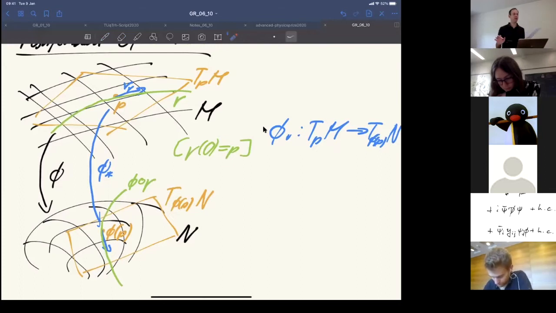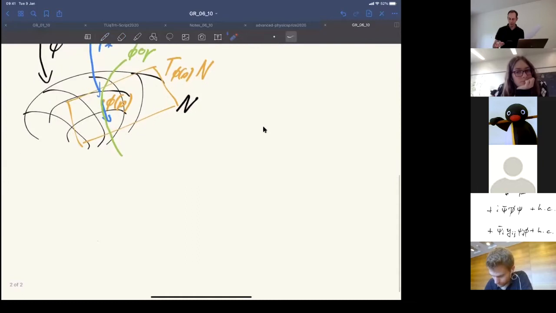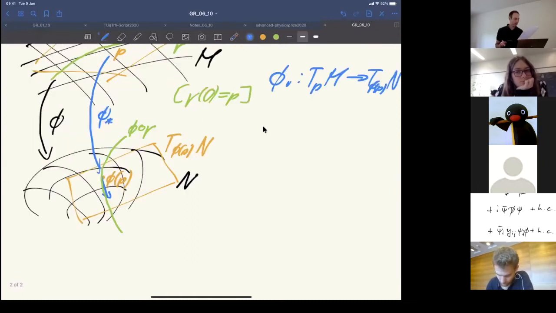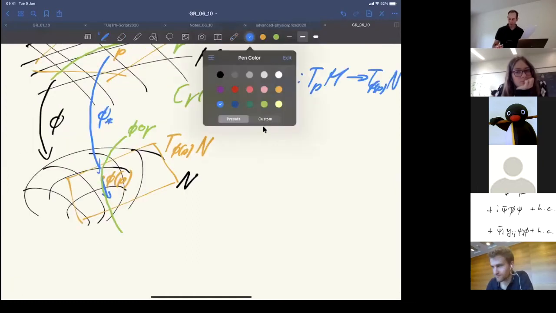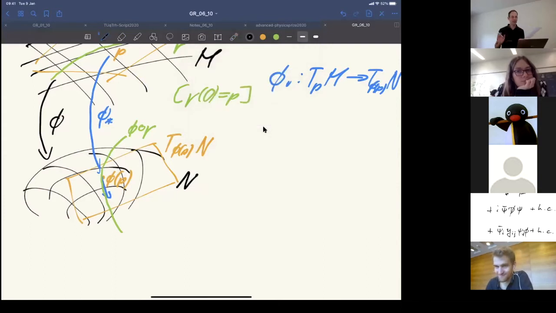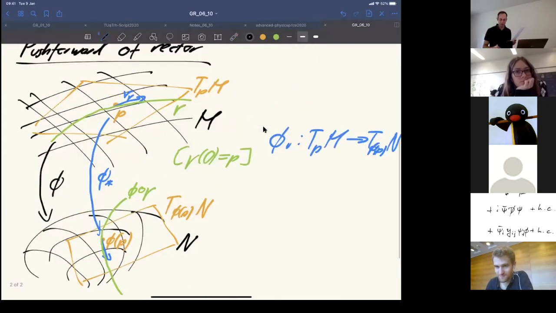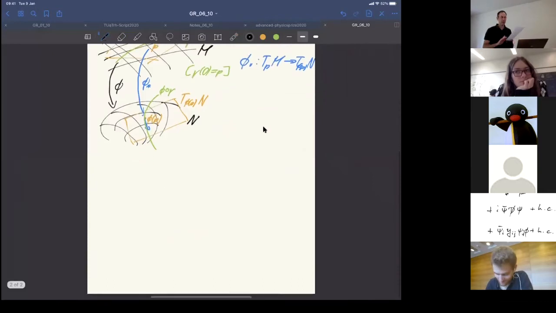I'm not less rigorous, I'm just not writing everything that I could in principle write, in order to increase the speed, because otherwise we will not arrive where we want. Of course, this lecture is not only about differential geometry, but in the back there's all the rigor, and you can read it if you like. I encourage you to actually do that.